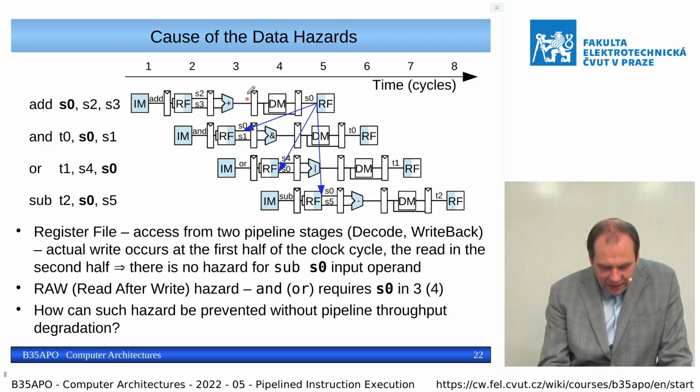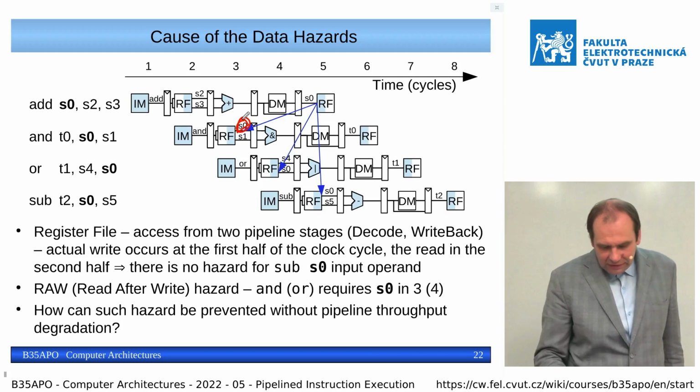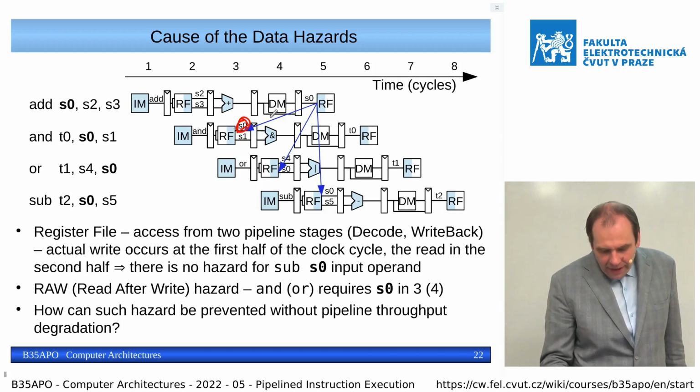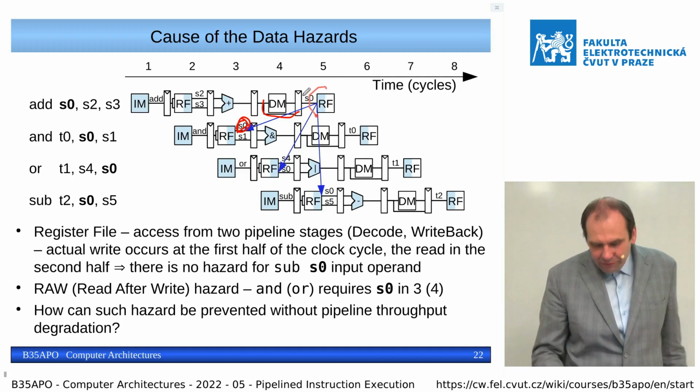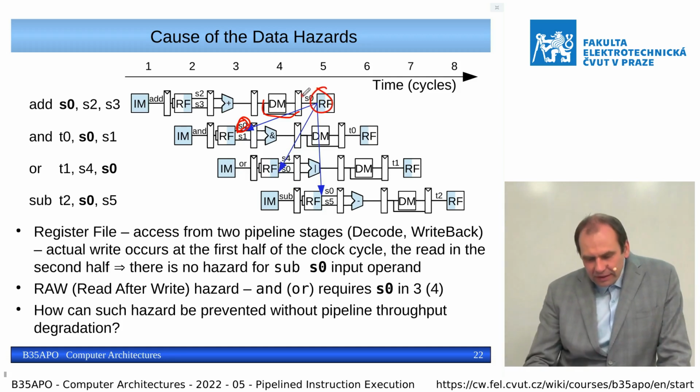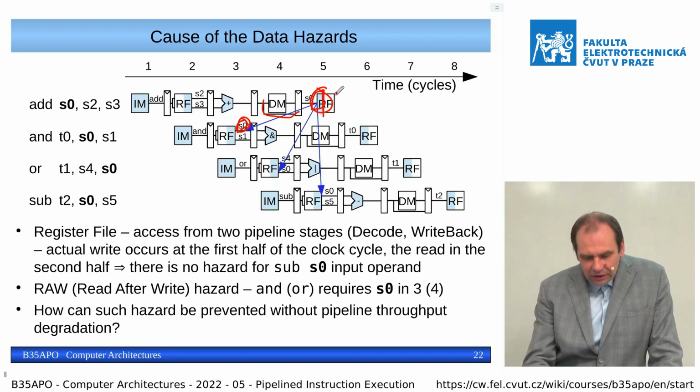And in the next cycle, we compute the actual addition of S2 and S3. But S0 is already required by the AND instruction. And our actual add instruction still needs to propagate through the memory stage, and only in the 5th clock cycle is it stored, at the start of that cycle, in the register file.